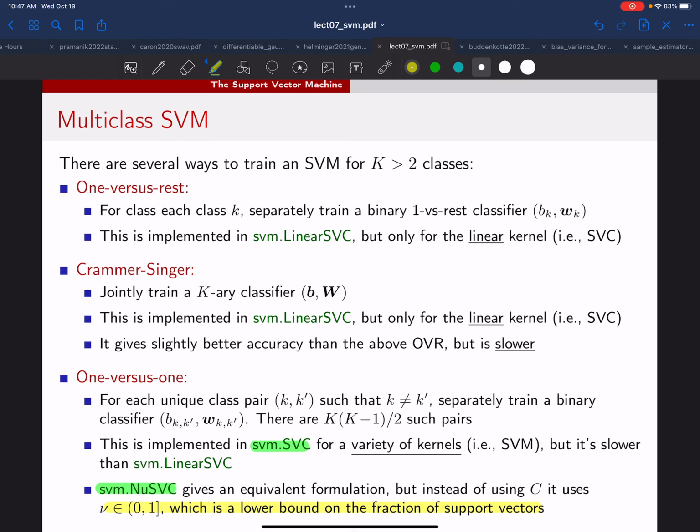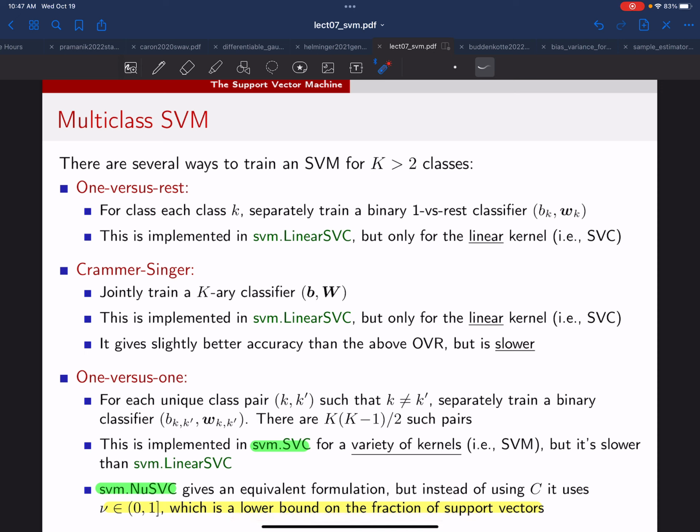Remember that C also controls the number of support vectors, but it's a bit hard to work with in the sense that you just don't know what value of C will translate to a certain number of support vectors. So you just have to try a whole bunch of C. With nu, you know more what you're getting. This gives you a lower bound on the fraction of support vectors.